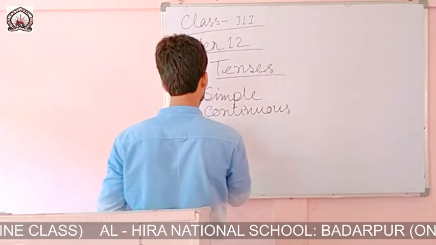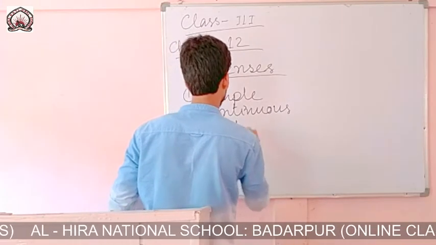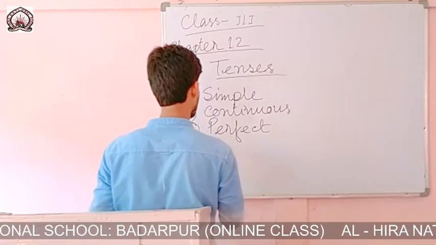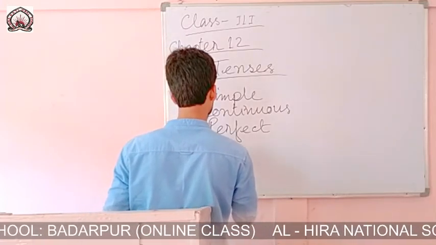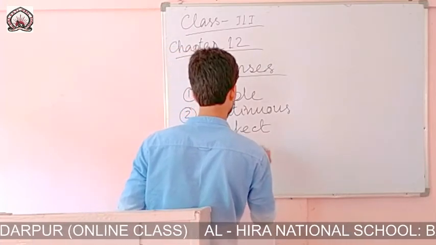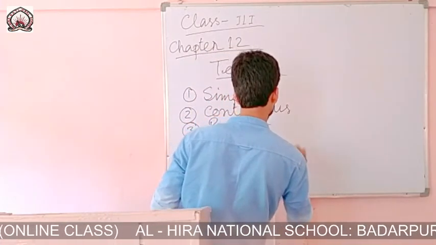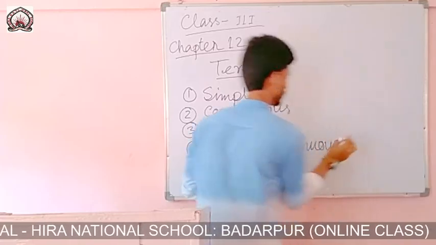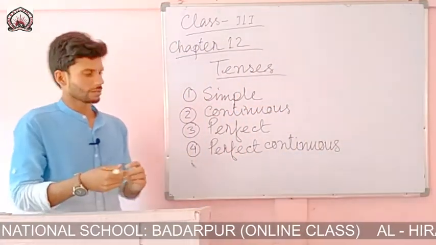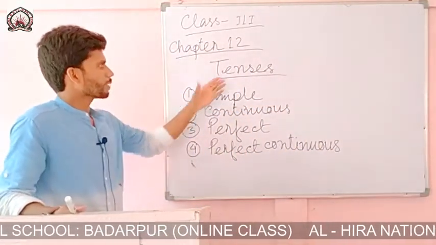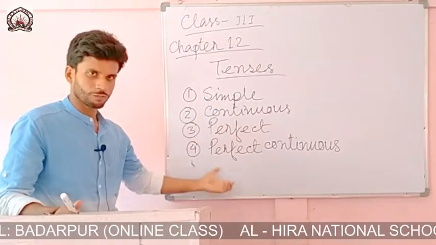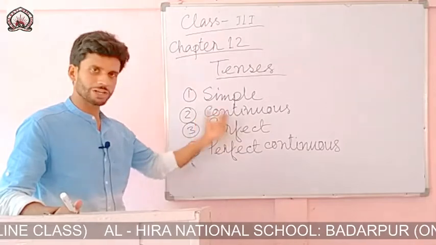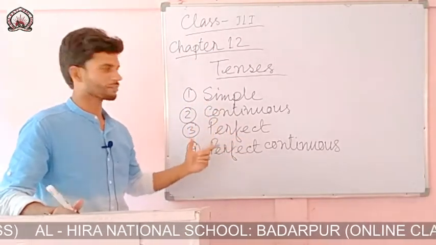Third one is perfect, and the last and the fourth one is perfect continuous. I mean, present tense is of 4 kinds, past tense is of 4 kinds, and future again is of 4 kinds.